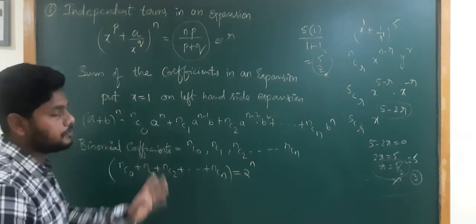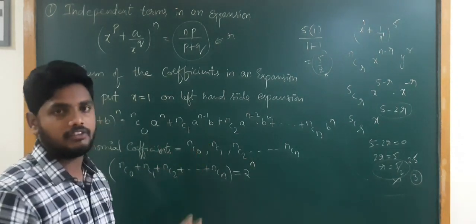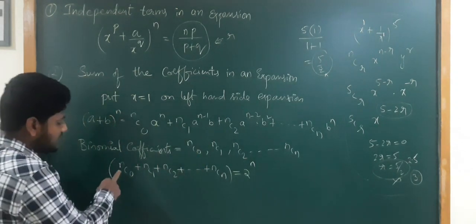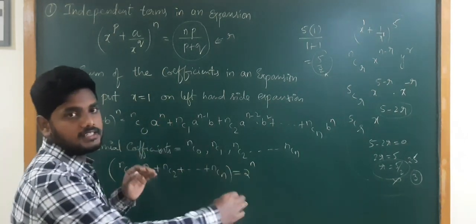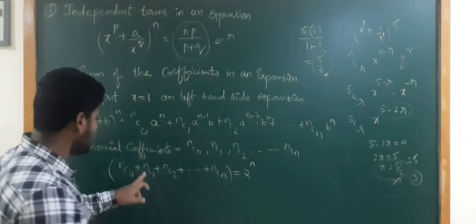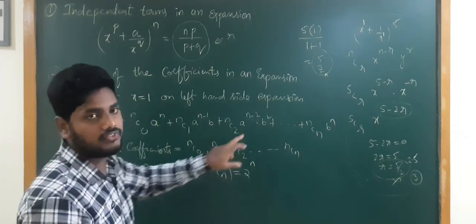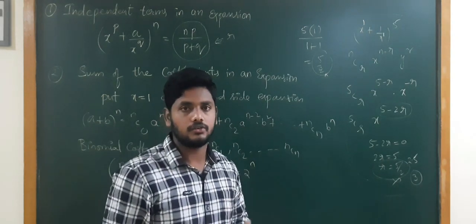In these binomial coefficients, we will have odd binomial coefficients and also even binomial coefficients. nC0, nC2, nC4, nC6, nC8, those we will consider as even binomial coefficients. nC1, nC3, nC5, nC7, nC9, those we will consider as odd binomial coefficients.